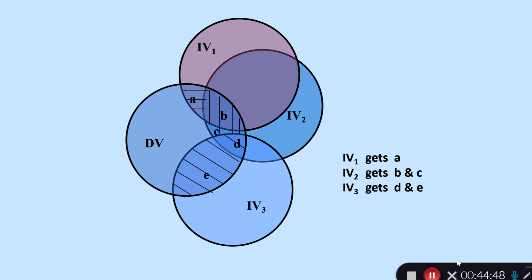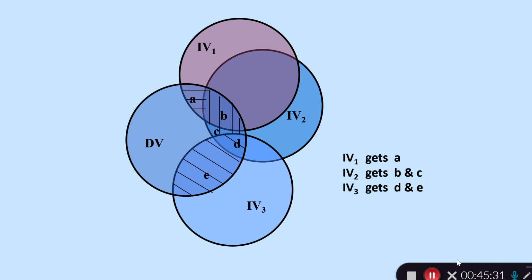We know which variables are most highly correlated with the DV, because they've got the greater amount of overlap with the DV. What we find is that IV1 only contributes the area accounted for by A to the model. IV2 contributes the area accounted for by B and C, so that's changed from when we did it hierarchically. And IV3 now gets both D and E, so it's gone into the model first because it's got the highest correlation, and it's now coming out as a bigger contributor than it was previously.